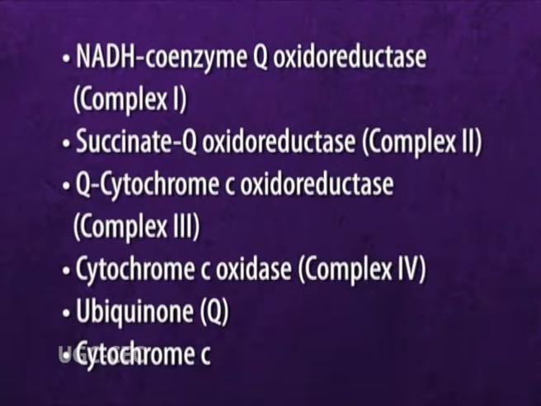These components are NADH coenzyme Q oxidoreductase, which is complex 1, succinate Q oxidoreductase, which is complex 2, Q cytochrome C oxidoreductase, that is complex 3, and cytochrome C oxidase, which is complex 4, along with mobile electron carriers like ubiquinone Q and cytochrome C, which serve as links between ETC complexes.